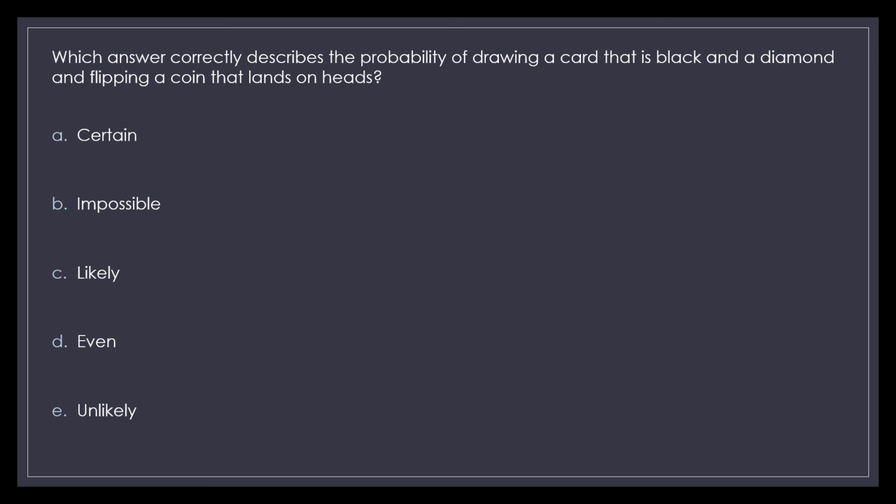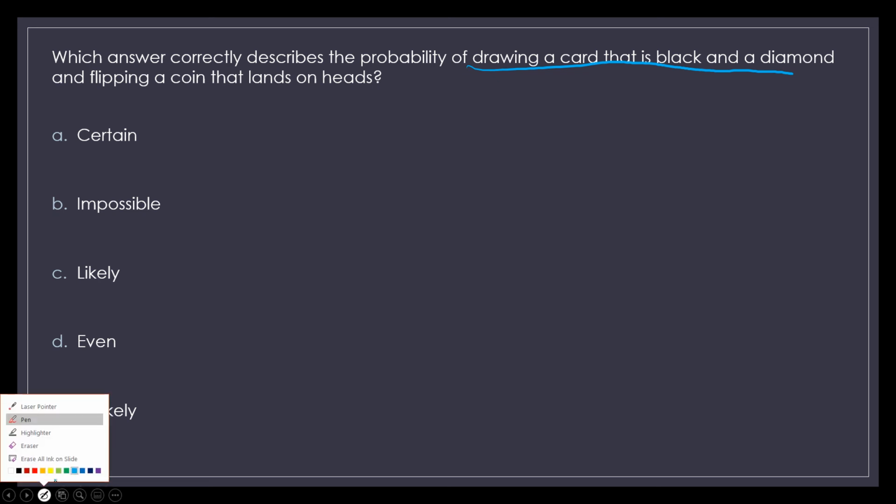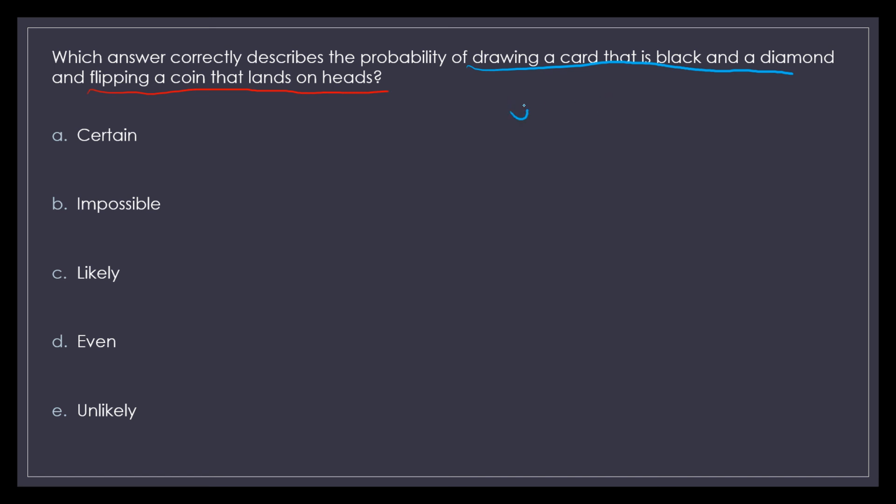Next question says, which answer correctly describes the probability of drawing a card that is black and a diamond and flipping a coin that lands on heads? The first one let's talk about is drawing a card that is black and a diamond. This is where your knowledge of cards comes in handy. If I draw a black card, black suits are either going to be spades or clubs.